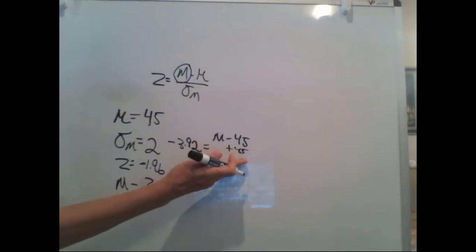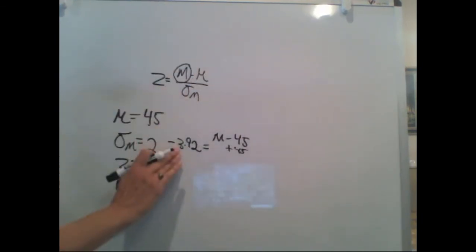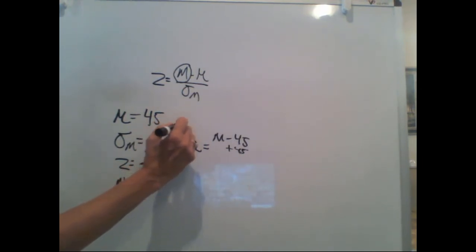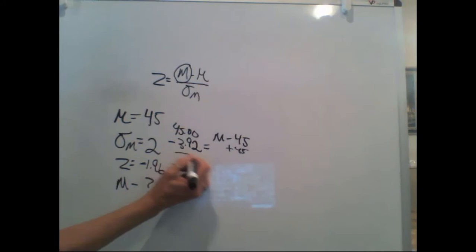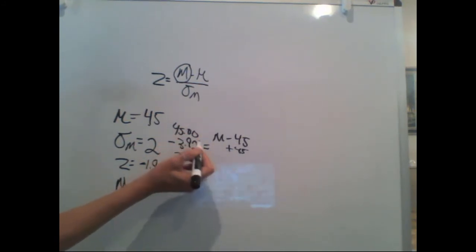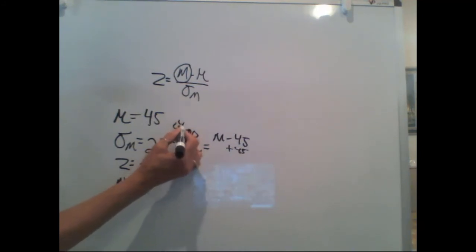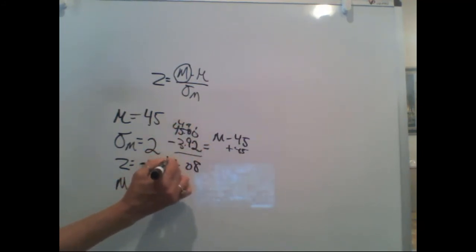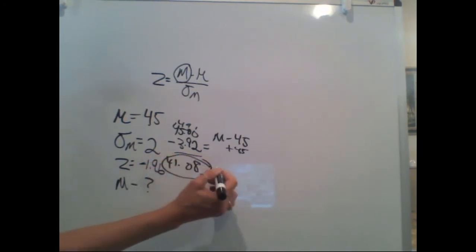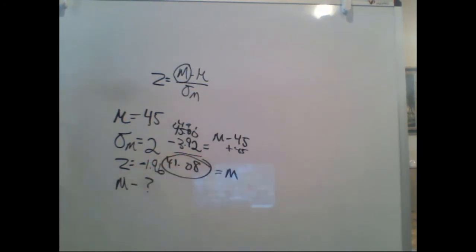But when I add 45 to this side, I also need to add 45 to this side. So 45 plus negative 3.92, I'm going to do that real quick. So we have 41.08 is the mean.